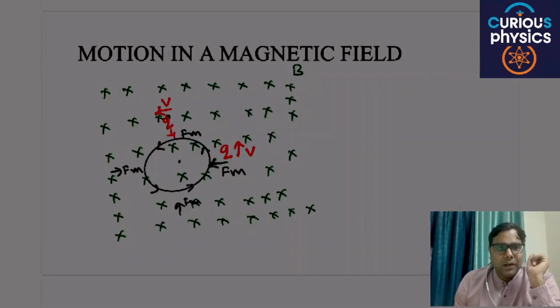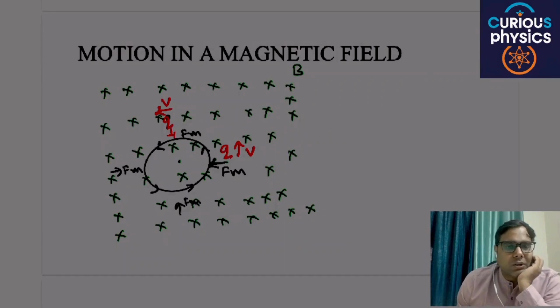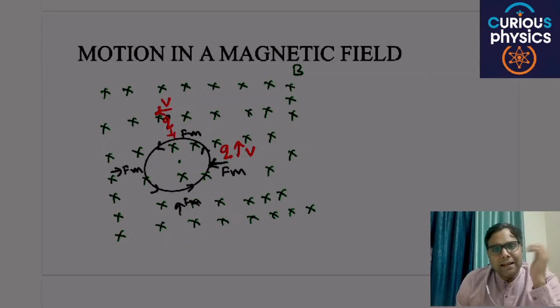Okay, are you able to understand my point or not? Circular motion, and at every point the magnetic force will be toward the center.